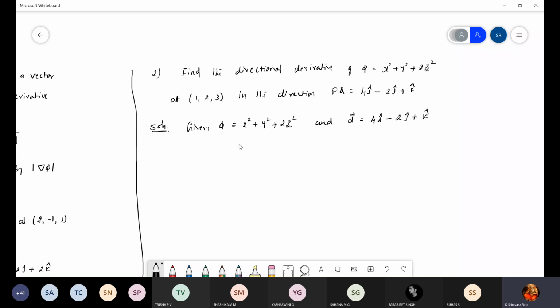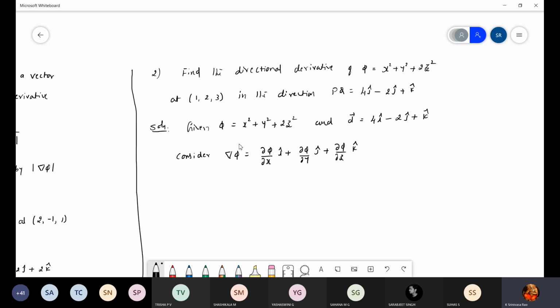Yes. So consider grad phi. That is equal to dou phi by dou x i cap plus dou phi by dou y j cap plus dou phi by dou z k cap.